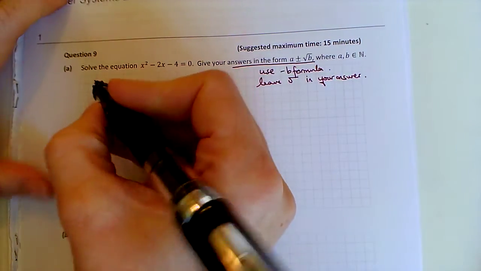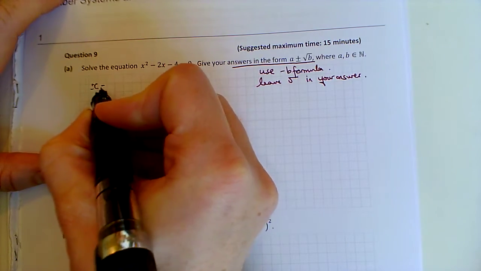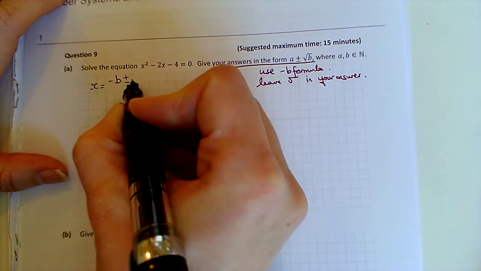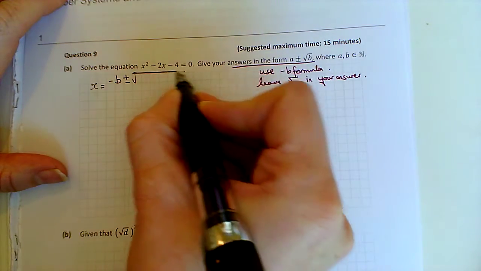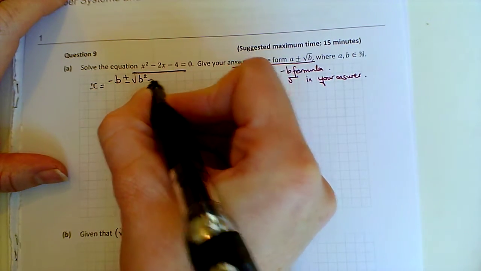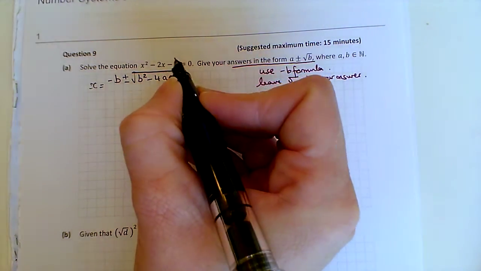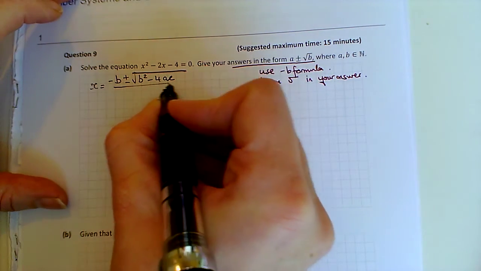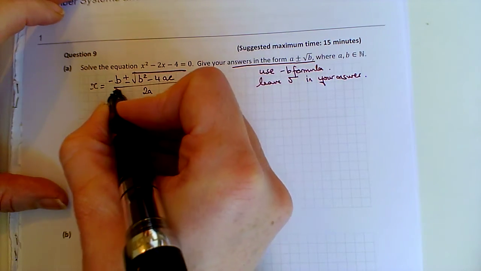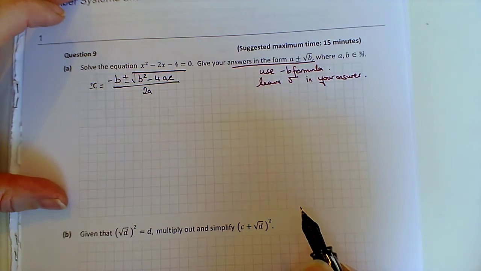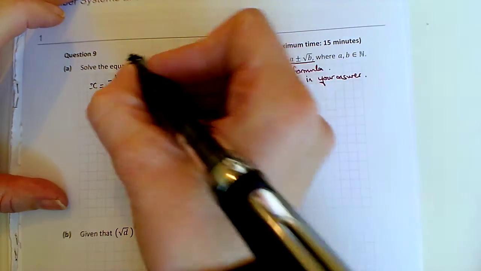The minus b formula is that x is minus b plus or minus the square root of b squared minus 4ac, excuse me, all over 2a. And that all over is important. The minus b is on the top of that fraction as well.